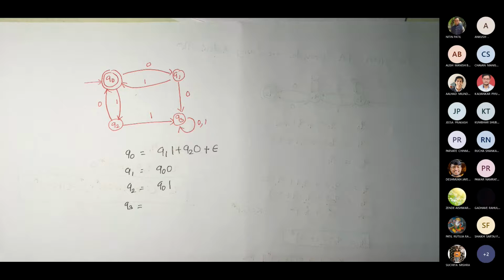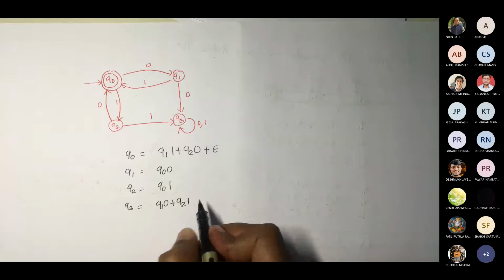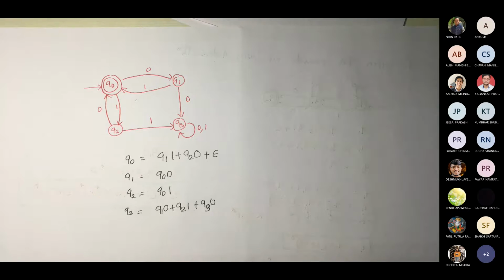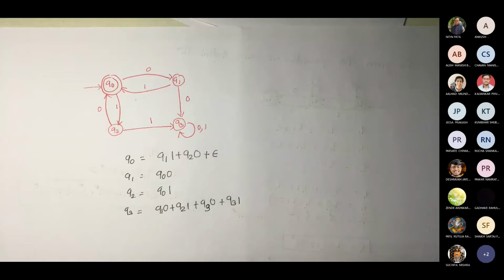OK, Nair. Give me the Q3 equation. Q1 0 plus Q2 1 plus Q3 0 plus Q3 1. OK, good.